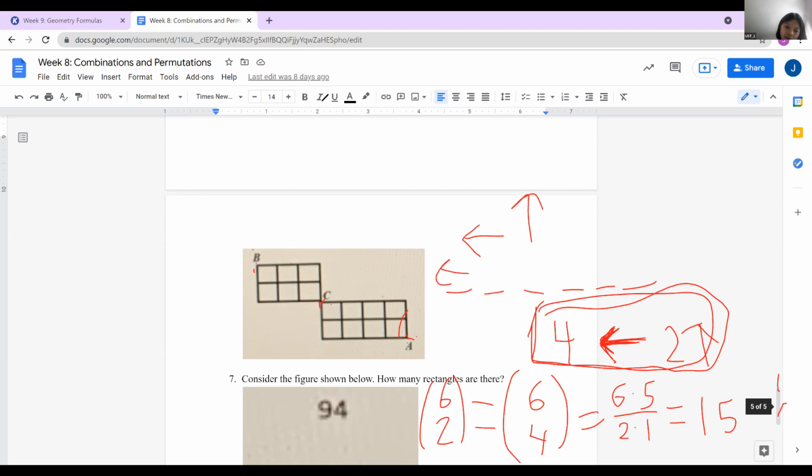For example, do this. Then next you go left, up, left, left, left, up. This is a permutation problem, right? Right.